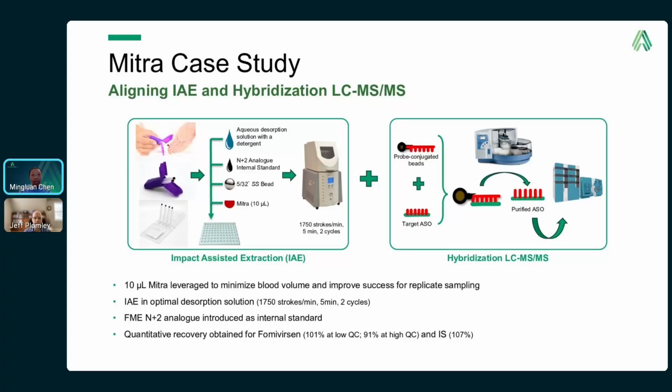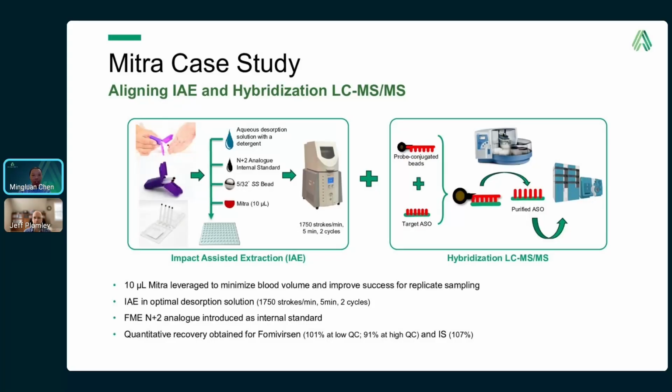After the IAE, only the liquid containing the ASO is transferred to the next steps. The Mitchell tips and the stainless steel beads remain in the original plate, preventing any interference with the downstream digestion and the hybridization, especially during the automatic magnetic washing and the elution.